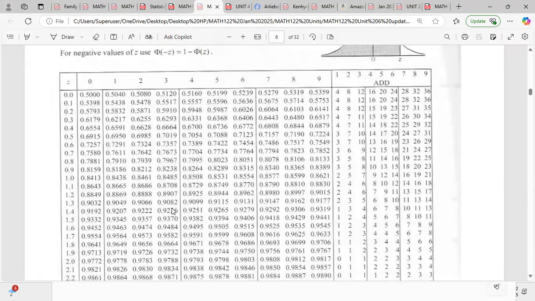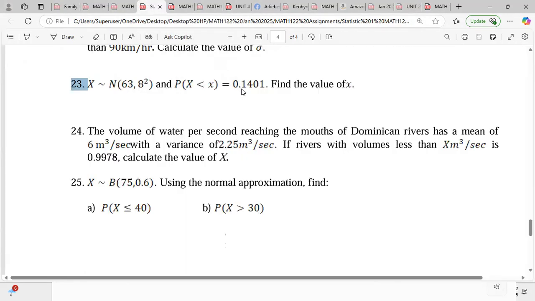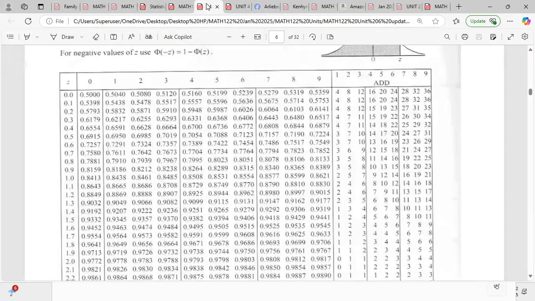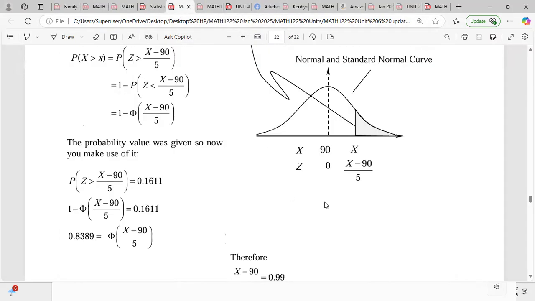And for this question, you attach a negative sign to that z value. Then you solve for x using the formula: x minus the mean over the standard deviation gives you your z value.